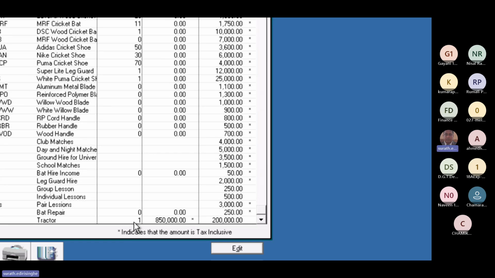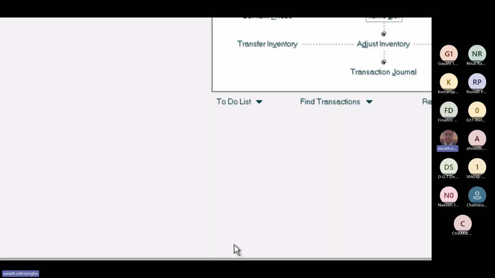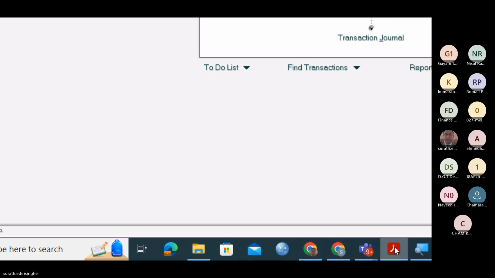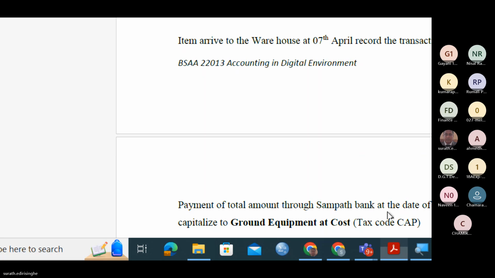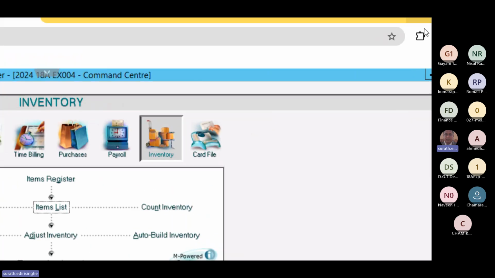Right. Then this asset, look at it, this asset in my warehouse. Now from the warehouse, this asset has to be transferred to where? Small issues in my screen.